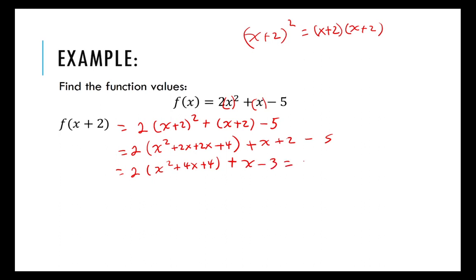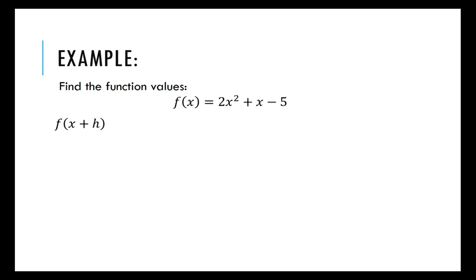And then distribute, that's then going to give us 2x squared plus 8x plus 8 plus x minus 3. Combine like terms again. I'm left with 2x squared plus 9x plus 5.